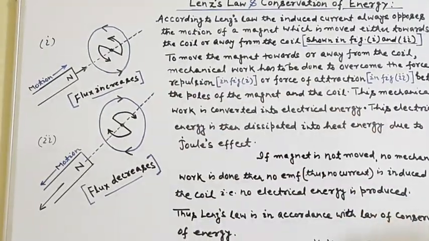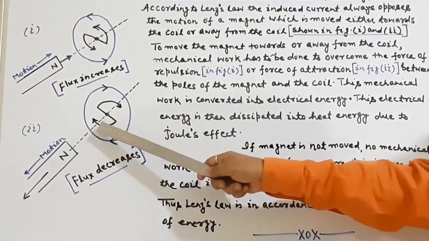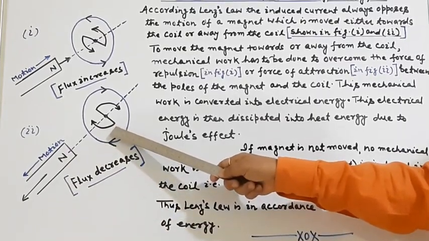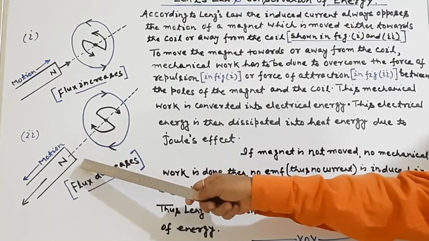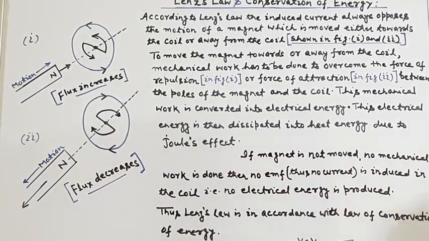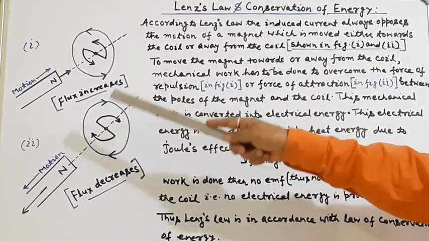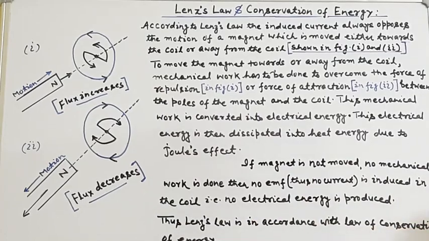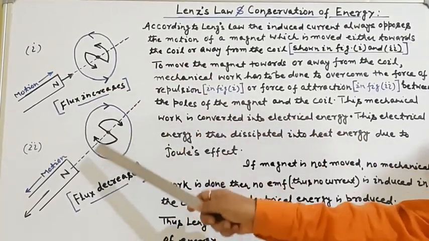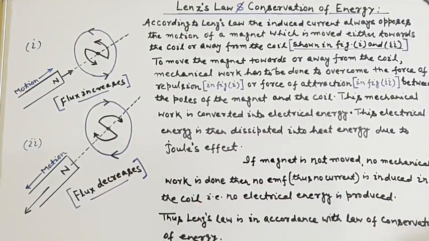So motion is opposed. When the north pole of the magnet is moved away from the coil, at the front face of the coil south polarity is developed and the magnet is attracted by the coil. Again motion is opposed. So in both cases, whether the magnet is moving towards the coil or away from the coil, it will be either repelled or attracted by the coil, meaning the motion of the magnet is opposed.